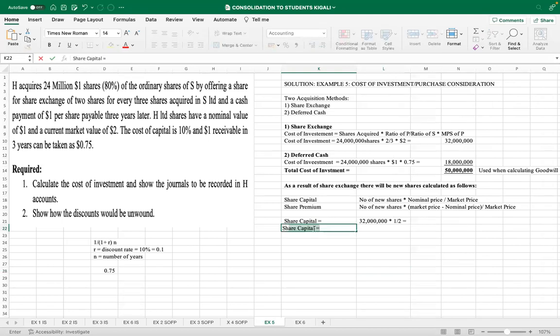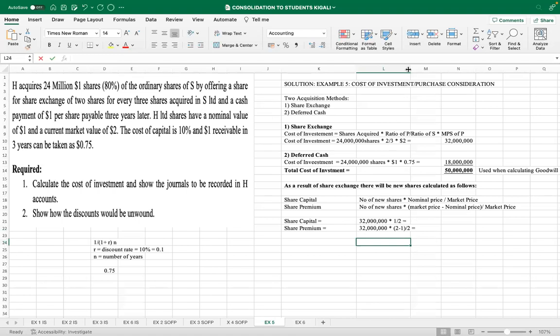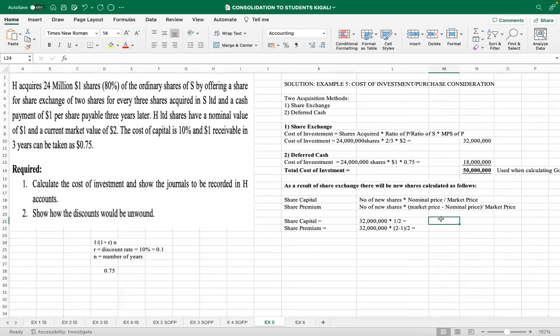So what goes to the share premium? We have the 32 million times 2 minus 1 divided by 2. So in this case, we have 32 million times 1 divided by 2.